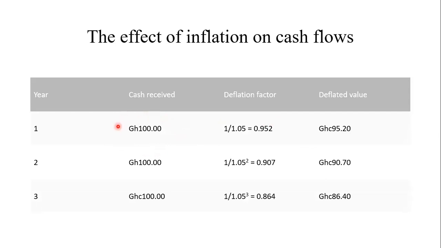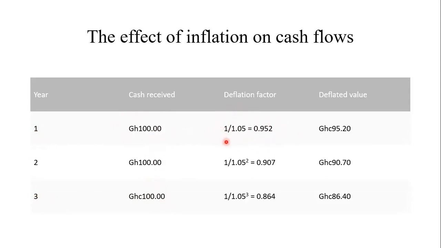So if this is what is being received according to the scenario, 100 Ghana cedis every year, year 1, year 2, year 3, you're receiving a constant amount of 100 cedis. What it means is that you need to calculate a deflation figure or a discount factor. We've talked about the discount factor in our previous lecture, and we know how to calculate it.